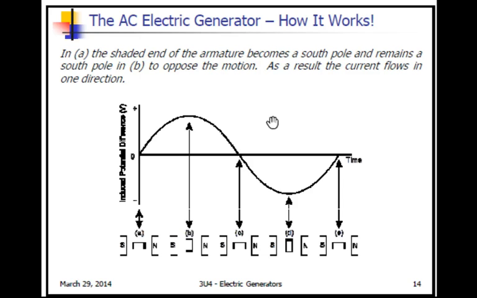So here, in the shaded part, at A, the armature is a south pole, and it remains a south pole. At B, it starts to oppose the motion and slows it, and then the current flows in that one direction only.